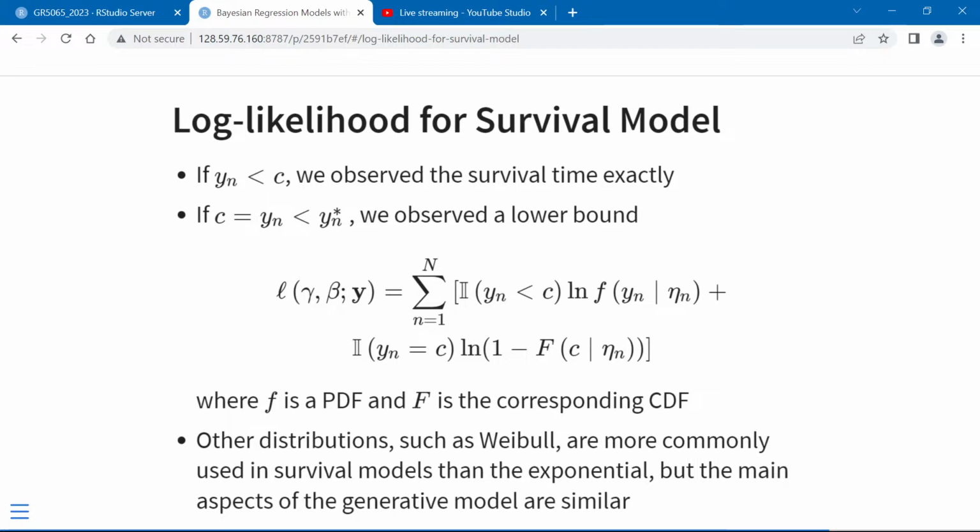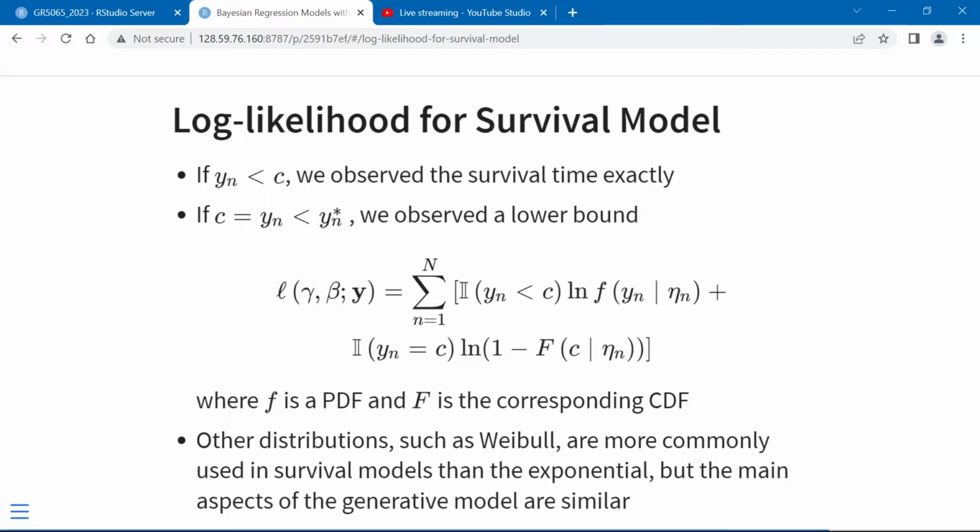Indicator function: if y is less than c, which is to say the person is observed dead, that's 1. And it gets multiplied by the logarithm of the PDF, in this case exponential, although you oftentimes see people use other likelihood functions besides exponential.